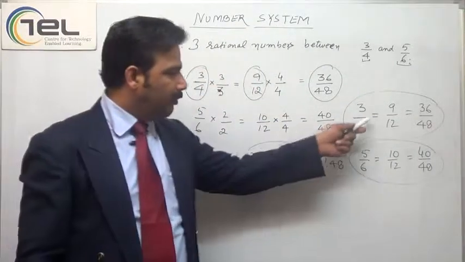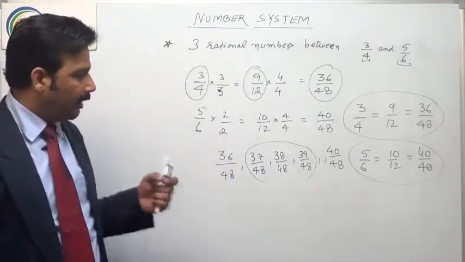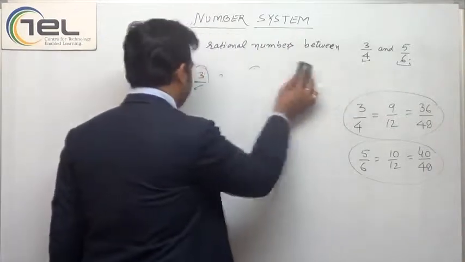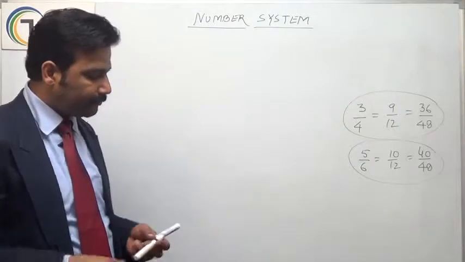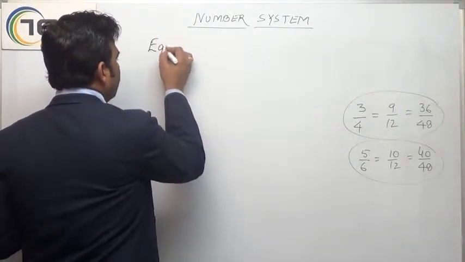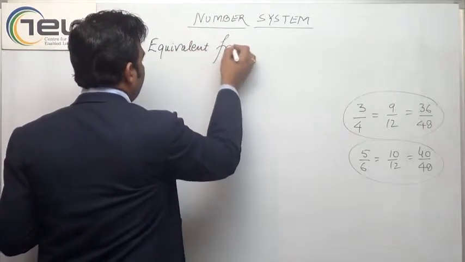Is there any specific name given to these numbers? Yes. The specific name given to them is equivalent fraction.